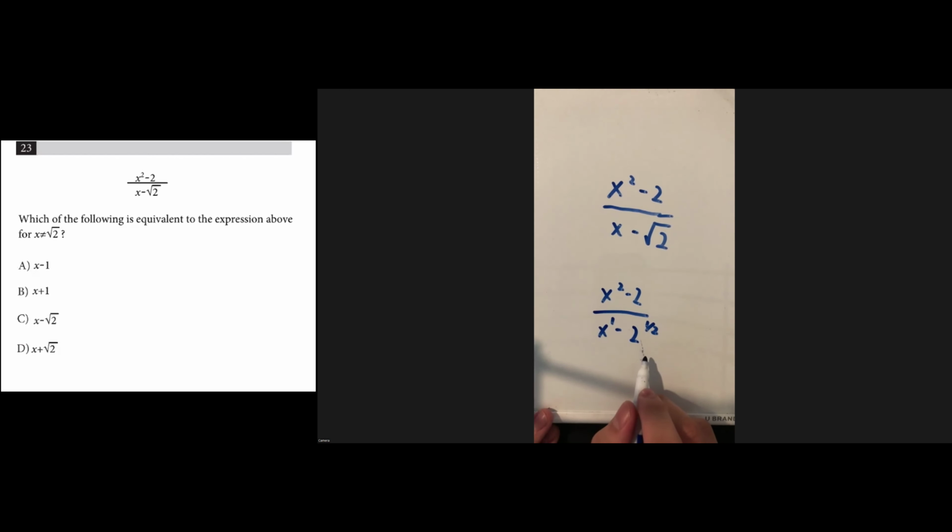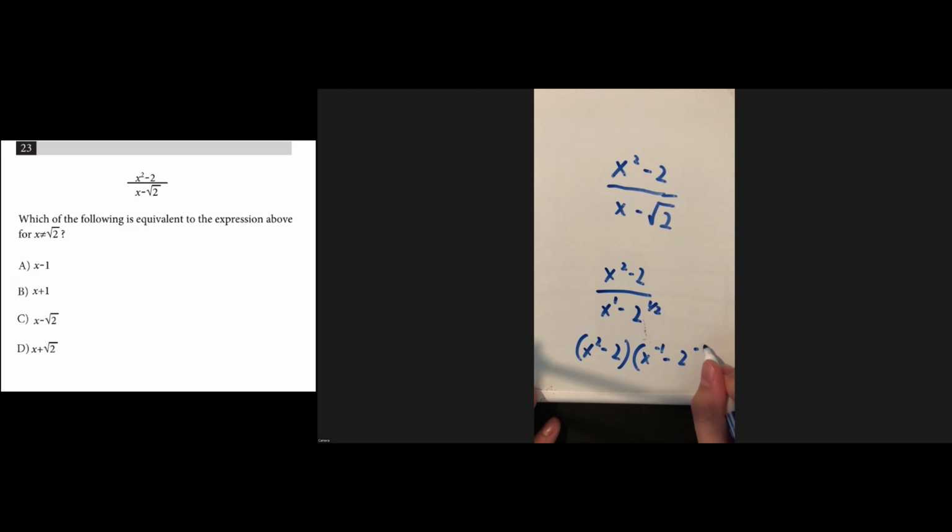Then we can just multiply by the reciprocal. So we would have x squared minus 2 times x to the negative first power minus 2 to the negative 1/2 power. And then we apply our exponent rules. So x squared minus 1 is just x. You have negative 2 times negative 2, which makes it positive 2.